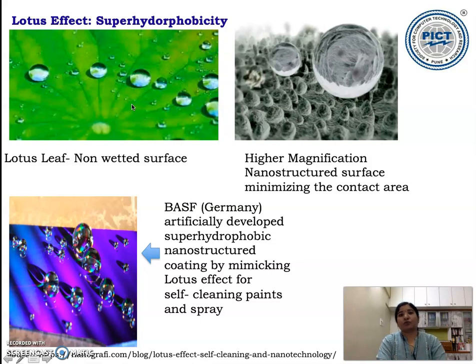Why? If we keep this leaf under the microscope, the surface looks like this, showing some nanostructure, which doesn't allow the droplet of water to settle on it. So we get a non-wetted surface on the lotus leaf.